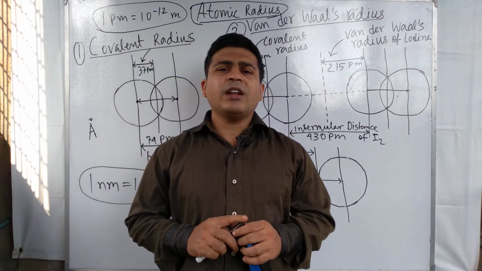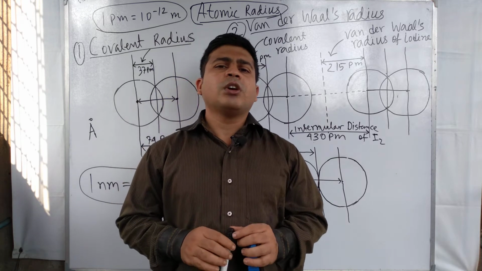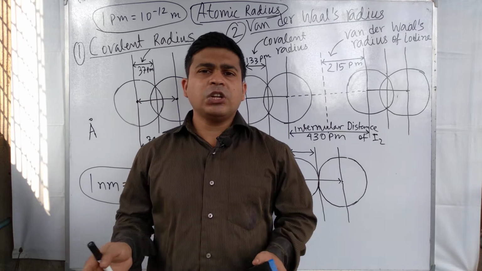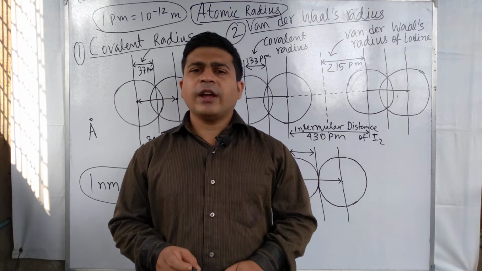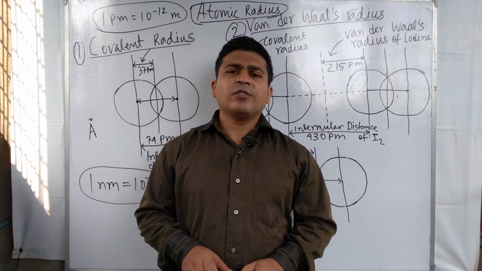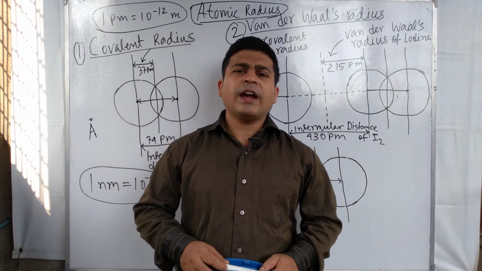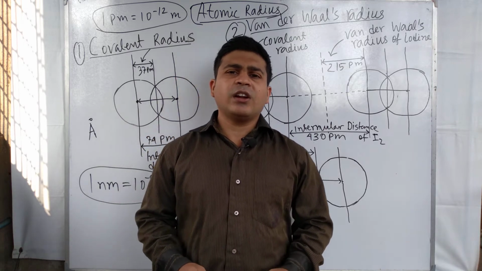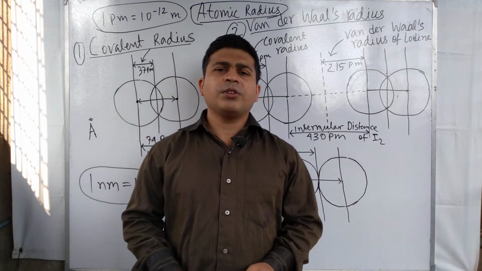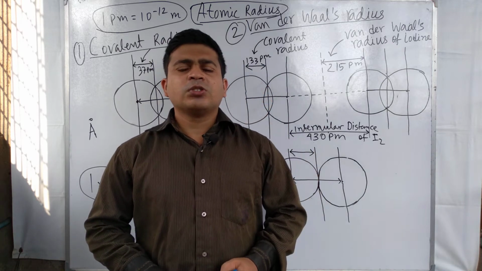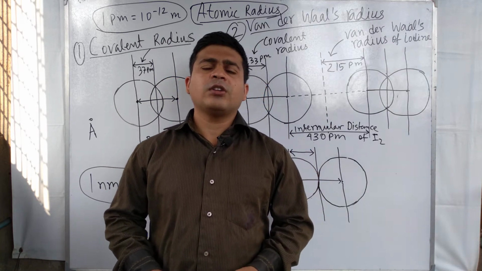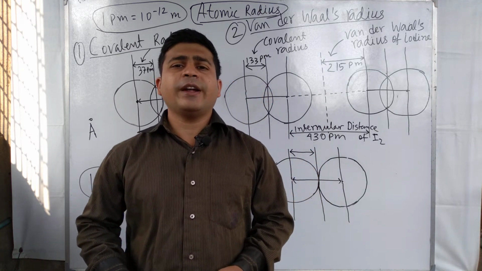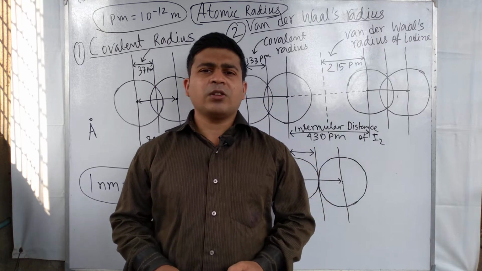The second difficulty is that you cannot measure an individual atom directly, because an atom is a very tiny particle. So for this reason we use other methods for finding the radius of an atom.